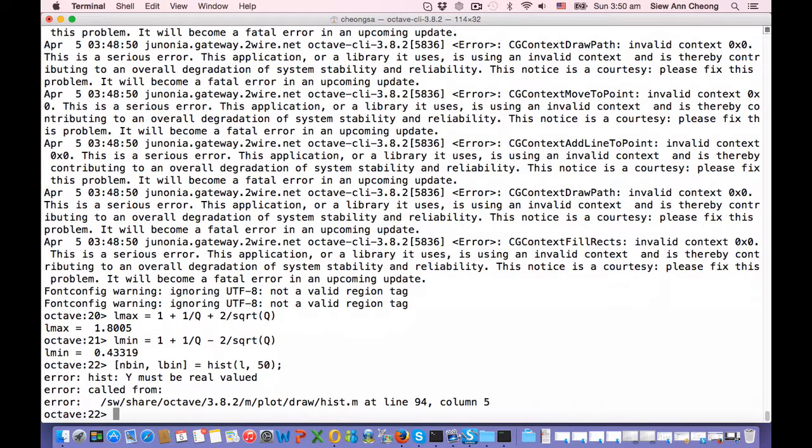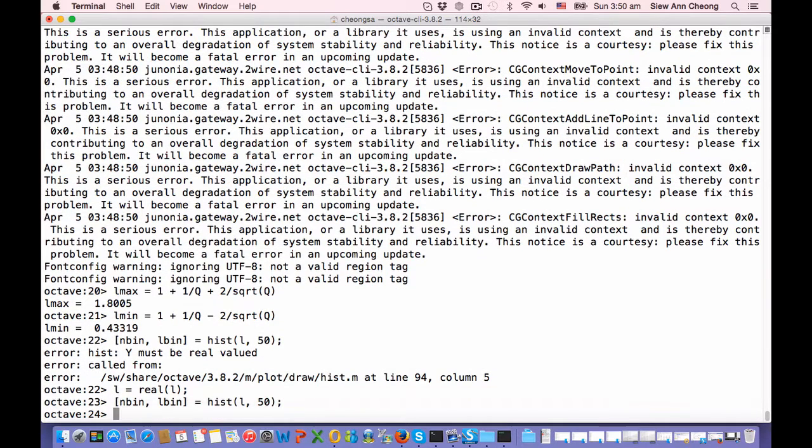Oh, so first of all, for real correlation matrices, sometimes you end up with negative eigenvalues because this is a rather big matrix. So let's just take the real part of the eigenvalues and do this again.